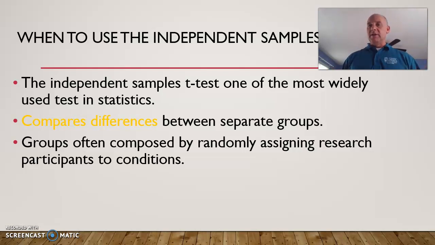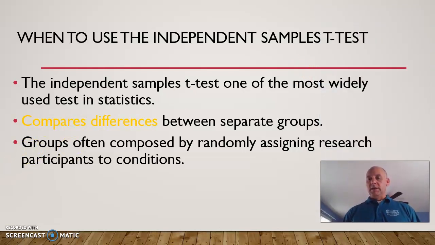For example, in exercise science, we might put part of the sample into the test category or the treatment category, and part of them in the control category, and then we can do a pre-test or a test at the end to see if there's a difference between sample 1 and sample 2, the control group and the treatment group. And what's the difference between the two? Well, whatever that treatment was, and we're seeing if that treatment might have an impact.